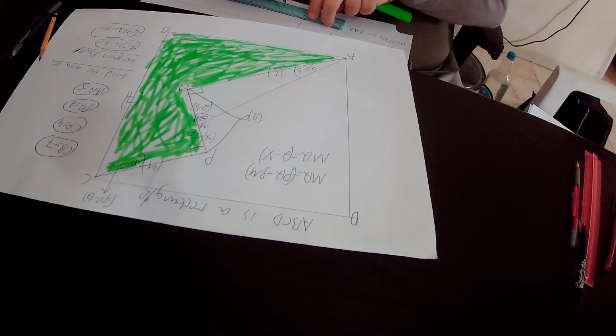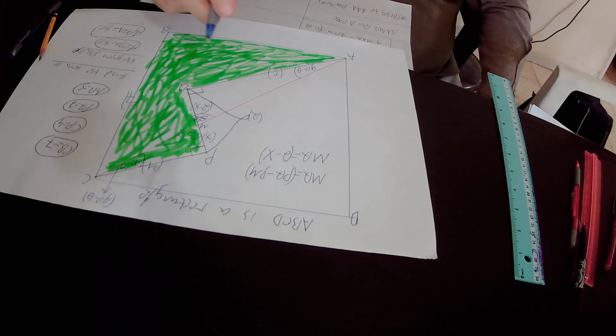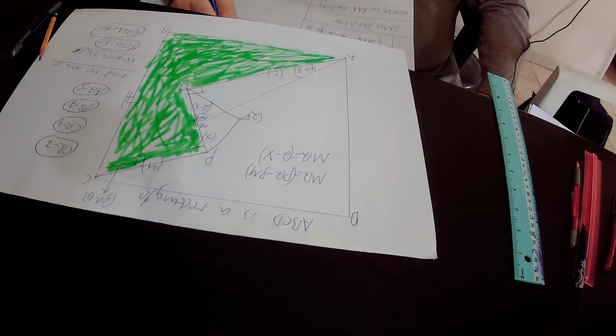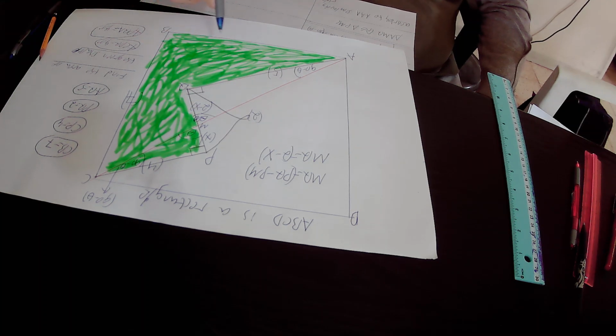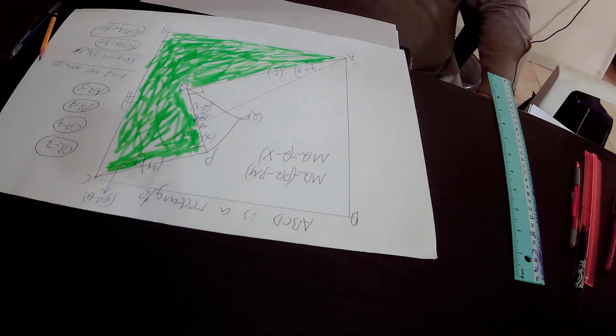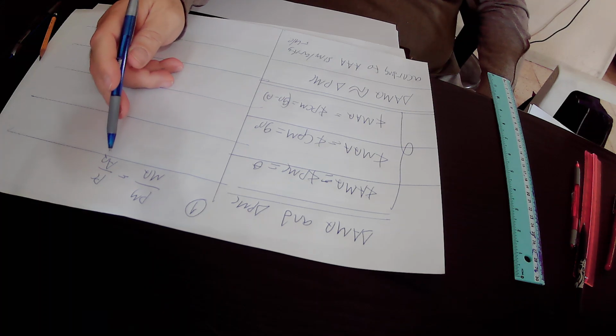We conclude that side PM in the right green small triangle PMC over side MQ in the right triangle AMQ equals side PC in the right green small triangle PMC over side AQ in the right triangle AMQ. Again, PM over MQ equals PC over AQ.